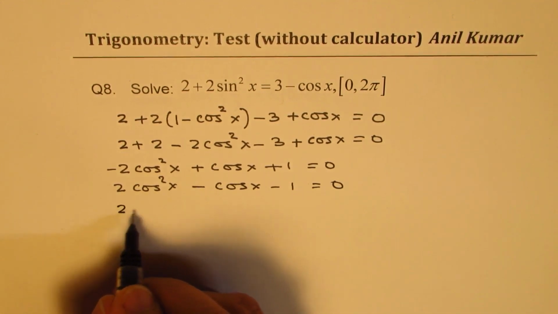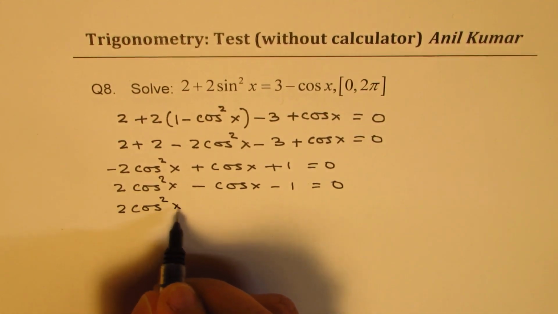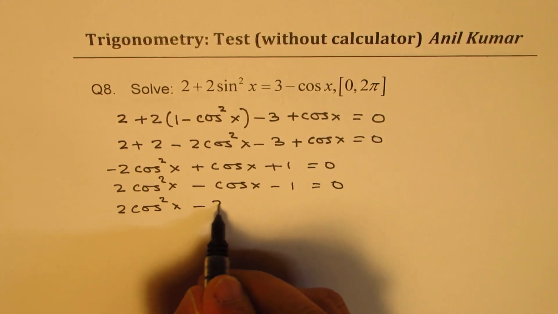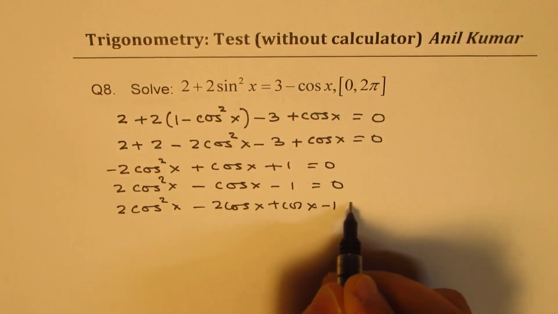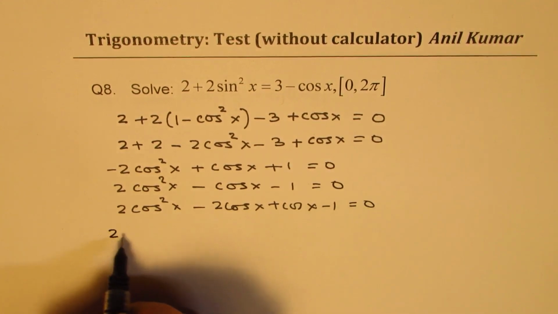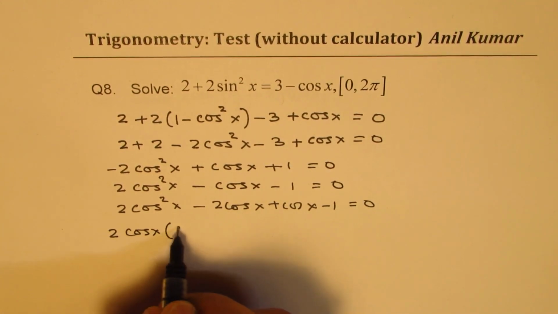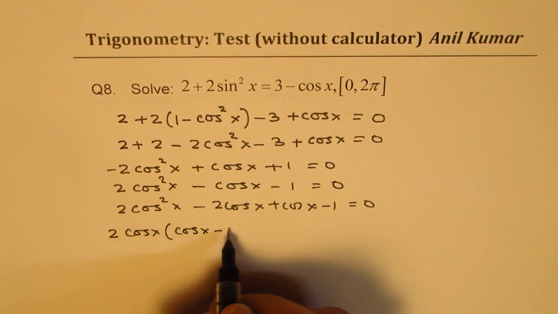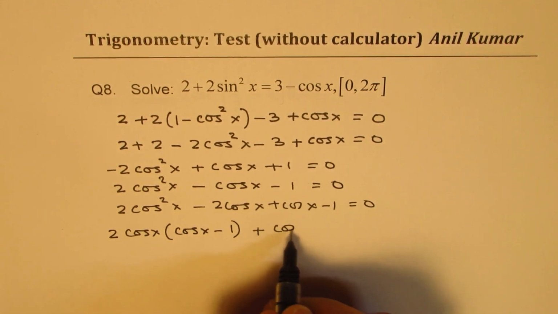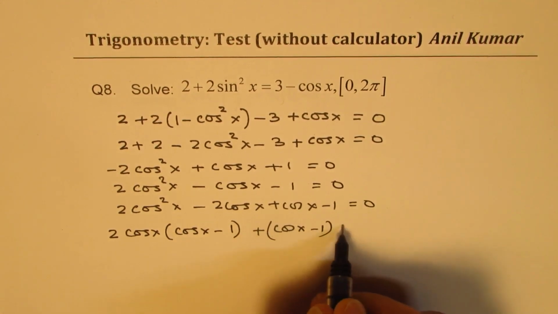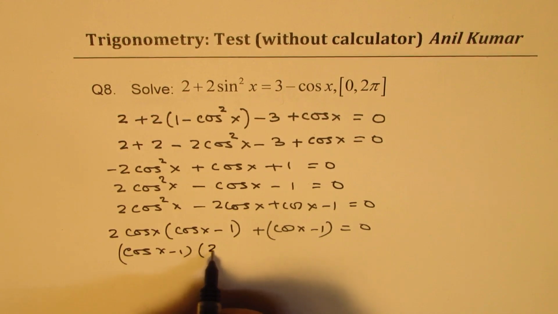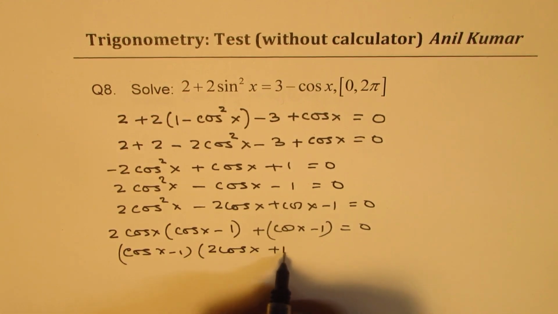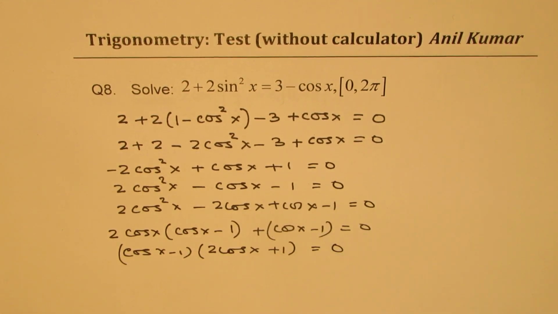So we could write this as 2 cos square x minus 2 cos x plus cos x minus 1 equals 0. Taking 2 cos x common gives us cos x minus 1, plus we already have cos x minus 1 here. So we get our factor cos x minus 1 times 2 cos x plus 1 equals 0.